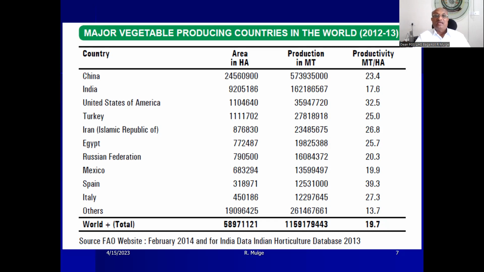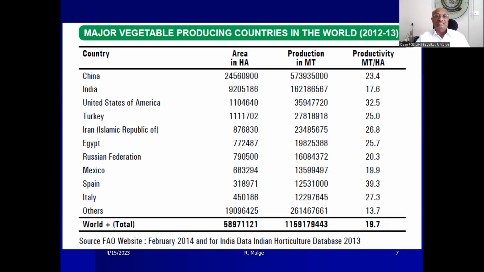Then come Turkey, Iran, Egypt, Russian Federation, Mexico, Spain, Italy. But if you look at productivity, we have a lot of scope. Spain has 39 tons per hectare productivity, whereas we have just 17.6 tons per hectare for all vegetables. And of course, China is also lacking at 23.